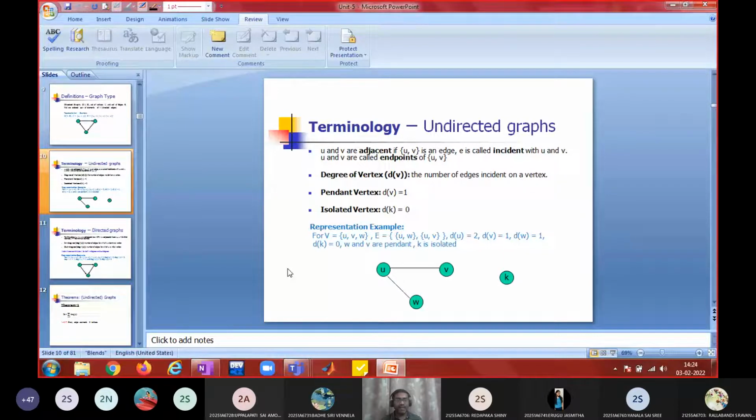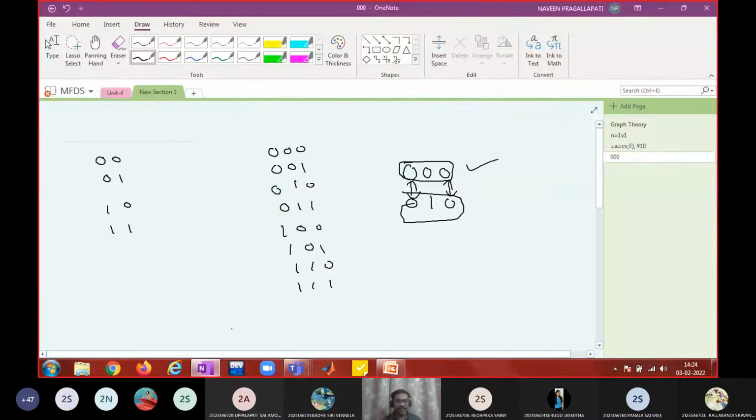And what is the degree sequence? Degree sequence is nothing but writing the degrees of the vertices in an order.